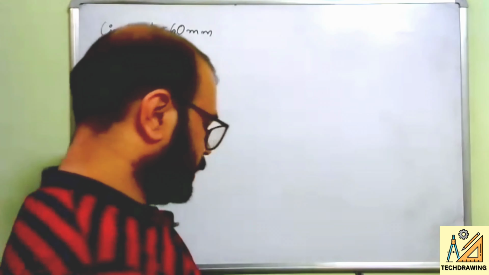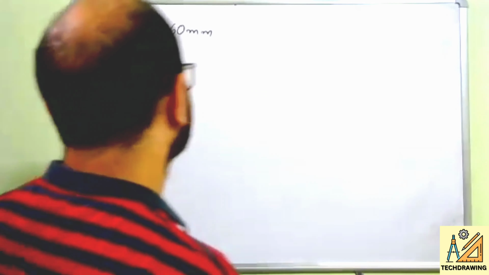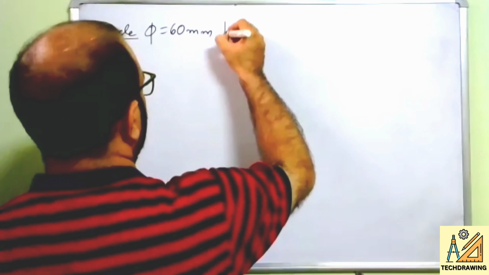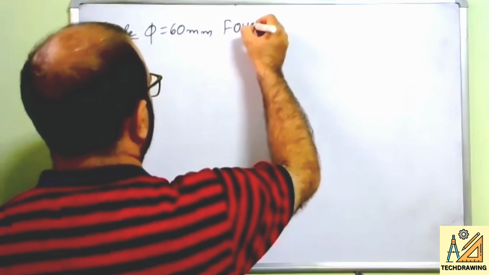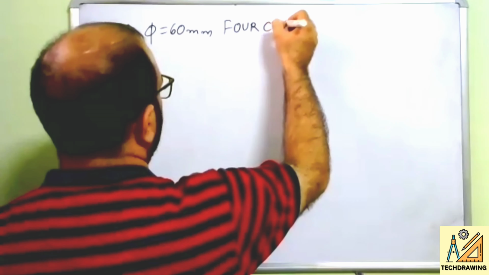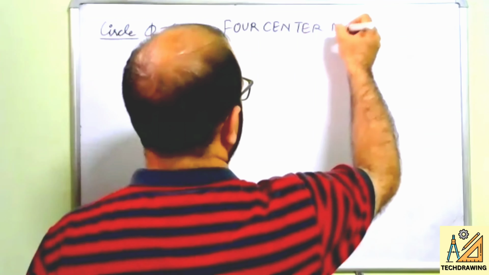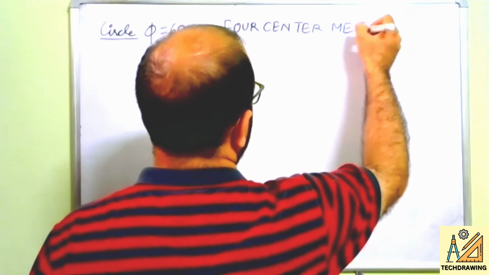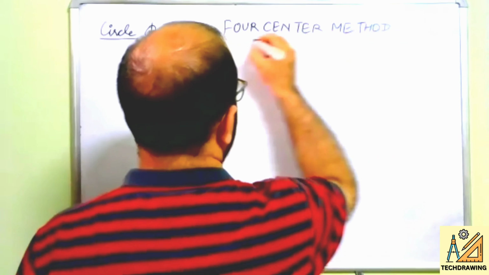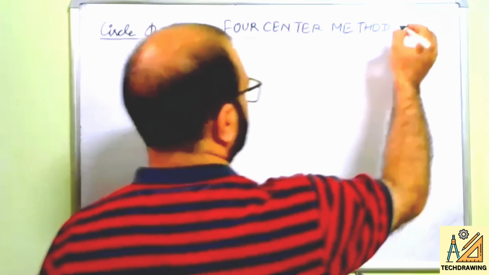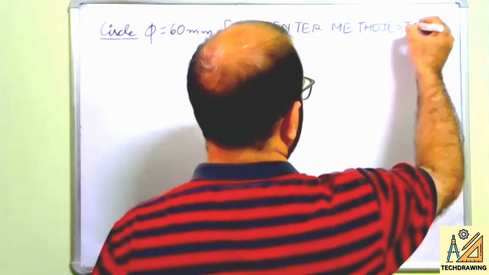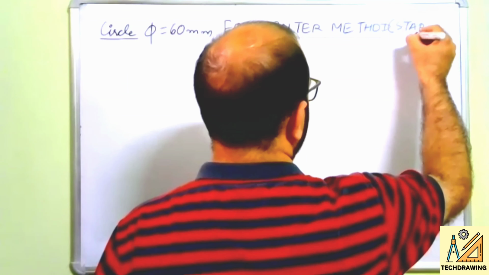You cannot draw the ellipse by compass because you just have the diameter. So for this, we have a method which is known as the four center method, also known as star method.